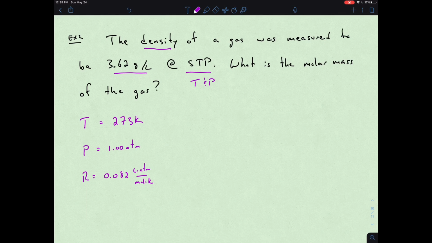And what we're asked for is that molar mass, given the fact that we know the density of the gas to be 3.62 grams per liter. So we can use this form of the ideal gas law to solve for that molar mass.